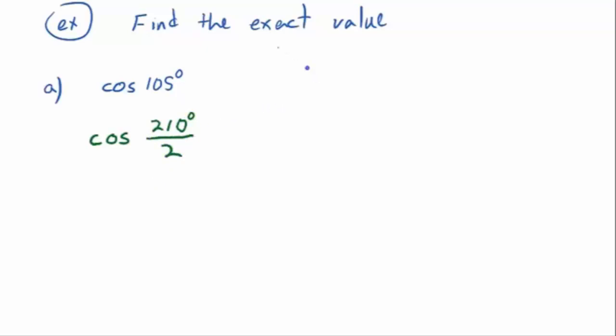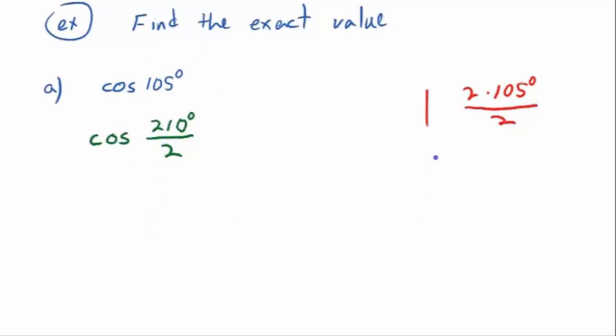So the idea, off to the side here, is that you take 2 times the given angle and then divide by 2. Same thing, right? So why did I do that? Well, 210 turns out to be a special angle.